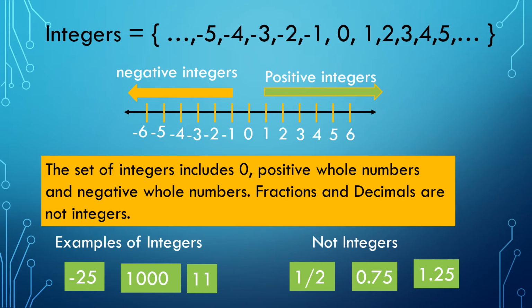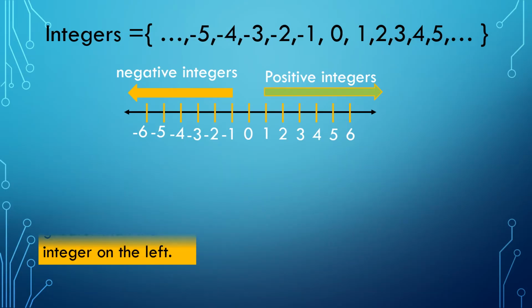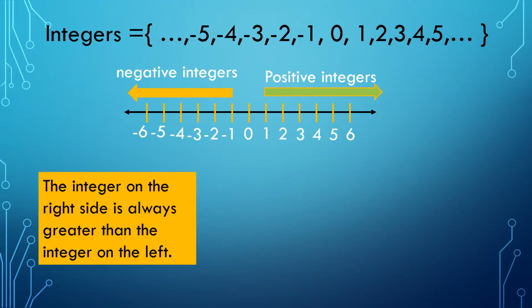Okay, now, the integer on the right side is always greater than the integer on the left side. So we're going to determine which integer is greater or lesser. Now, if you look at this one, positive numbers are on the right side of 0, which means positive numbers are greater than 0.